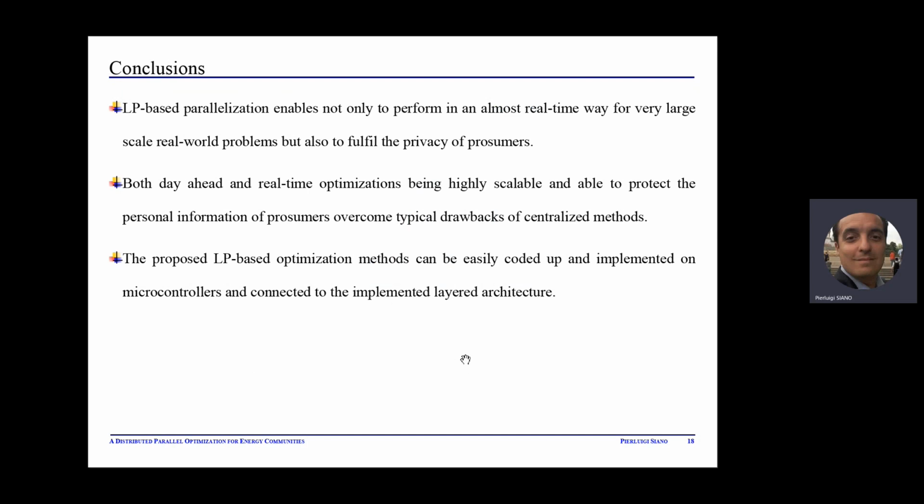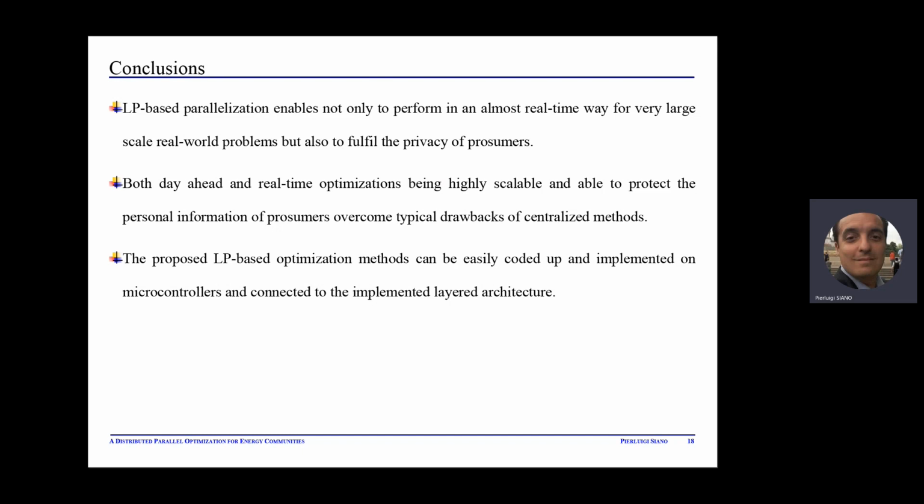Now let's move to the conclusions. I'd like to highlight that linear programming based parallelization enables not only to perform in an almost real-time way for very large scale real-world problems, but also to fulfill the privacy of prosumers.